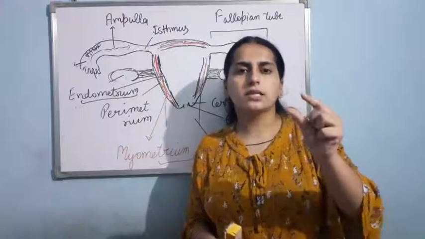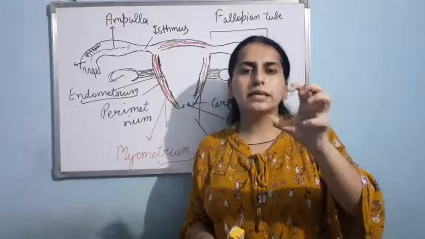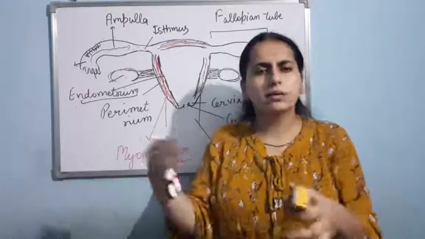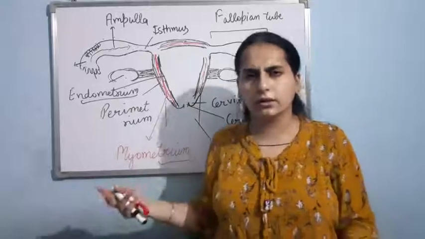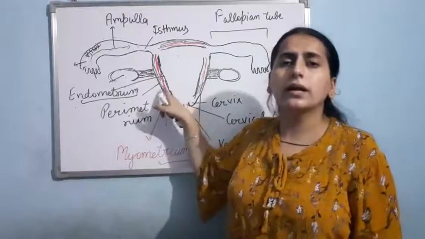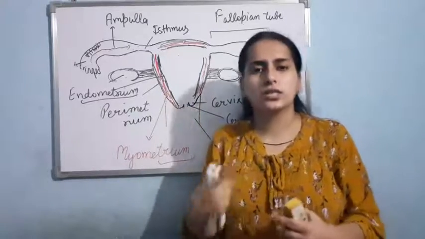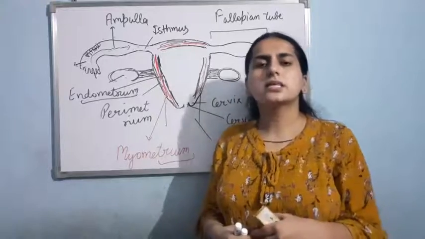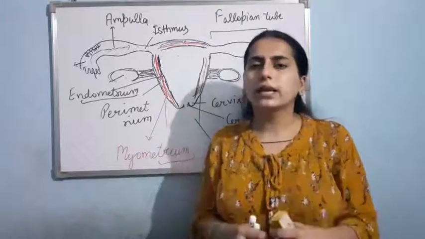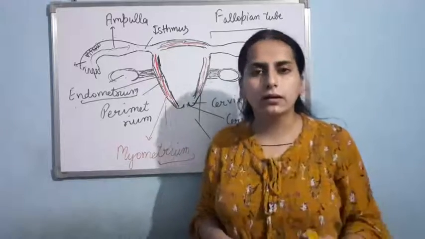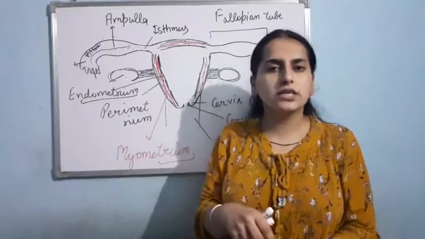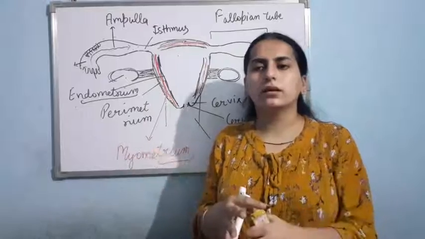Sometimes it thickens up. Sometimes it gets broken and all the blood comes out through the vagina in the form of blood, mucus and everything. So this endometrium undergoes cyclic changes. It prepares itself for the fertilization. It gets thickened. It gets filled with the blood. And if there is no fertilization, it will rupture.